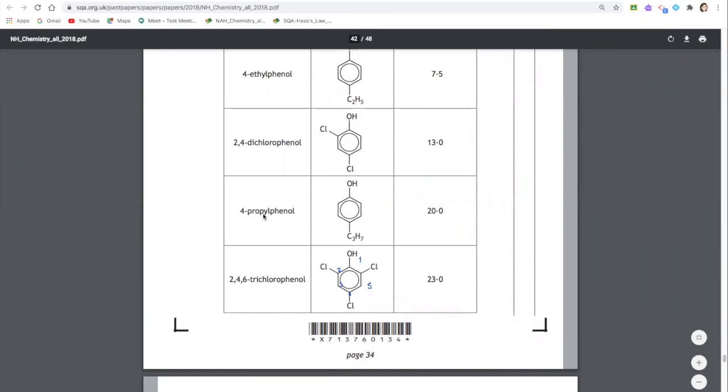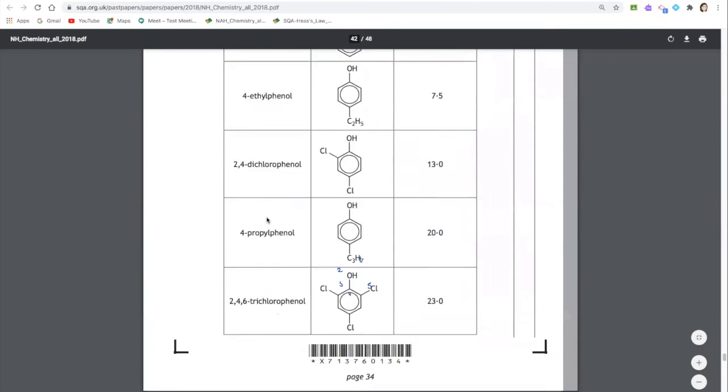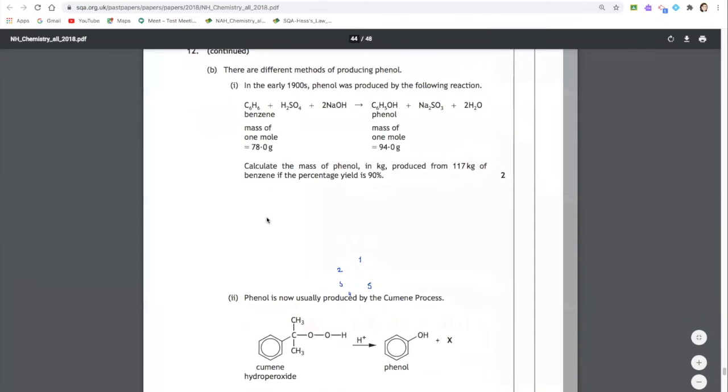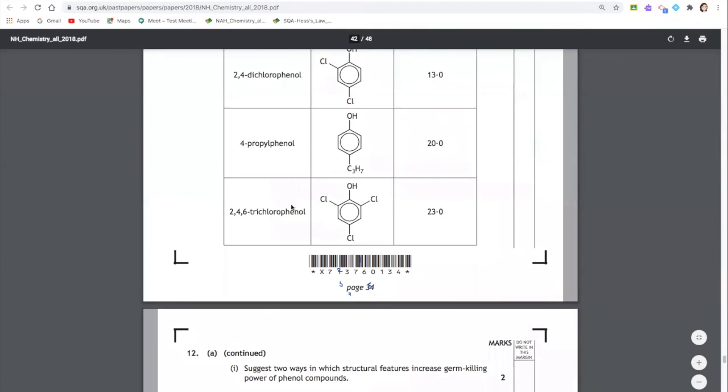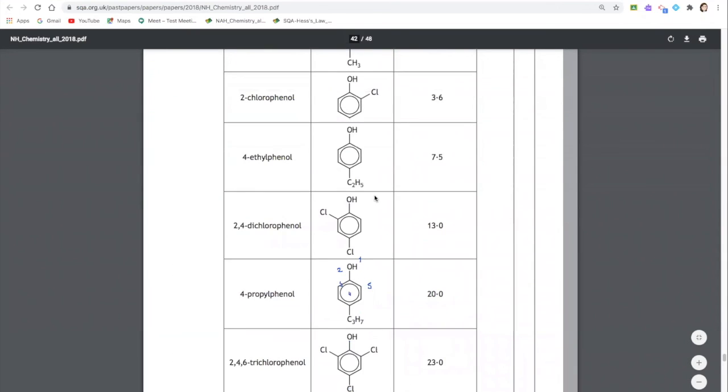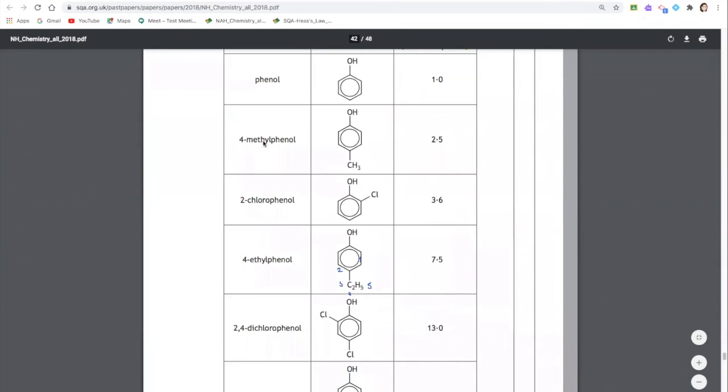The one we're trying to name has methyl groups and a chlorine group. So if you look for one with chlorine, that's got chloro, so that would be the name of the chlorine branch. And then the one with the methyl group is just methyl.